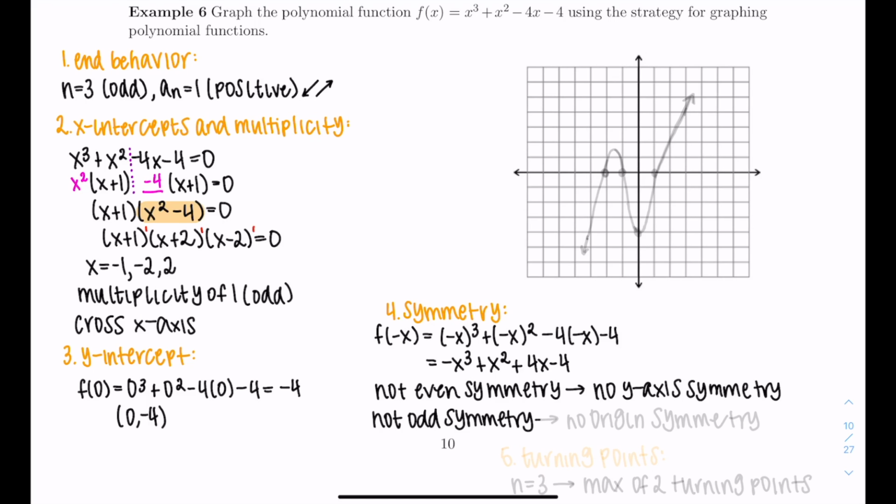And so that means there's no origin symmetry. And the last thing is the turning points. So because our degree was 3, that means we can have a max of 2 turning points.